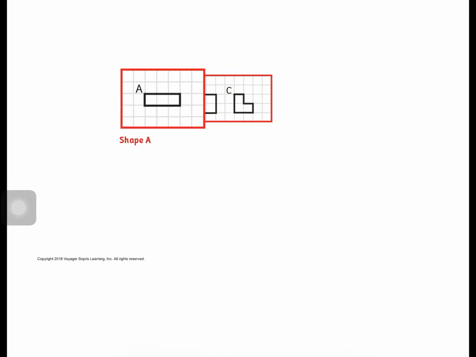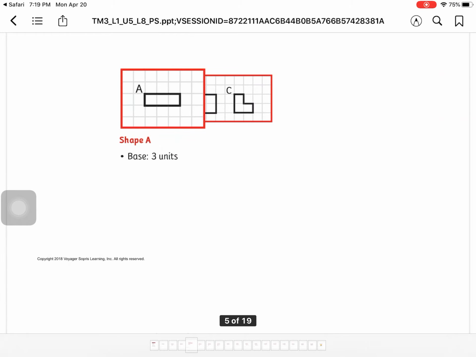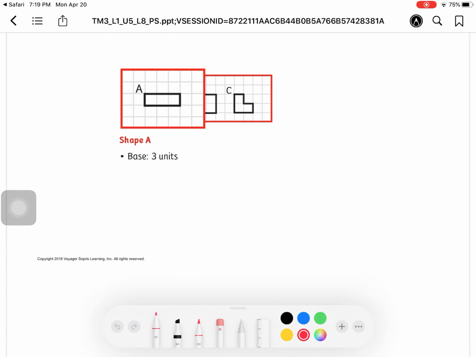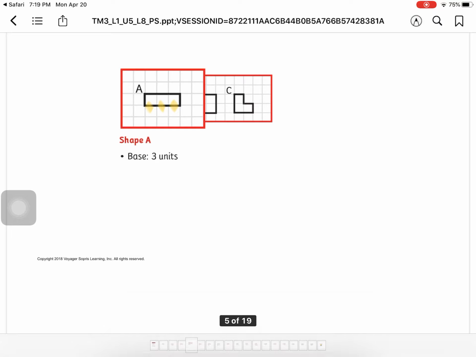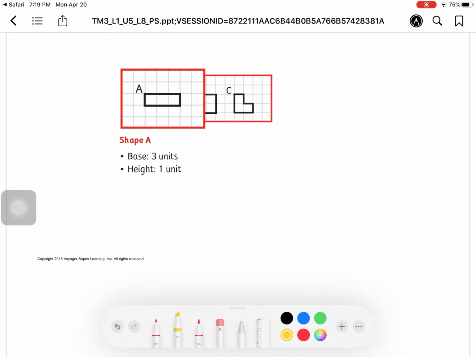So if I take shape A, for instance, I know that it has a base of 3, and I could count it if I wanted to. I'm going to do the yellow. So I've got 1, 2, 3. And I know my height is 1, so you can see there's 1 here.